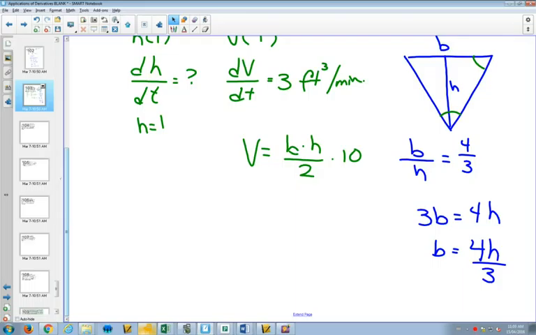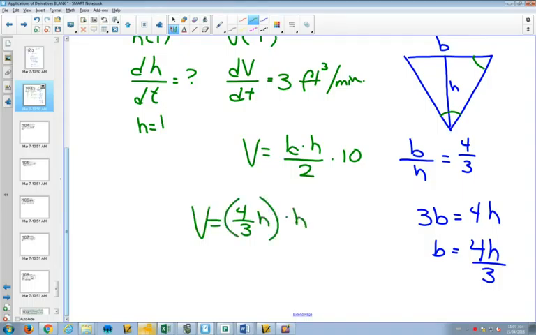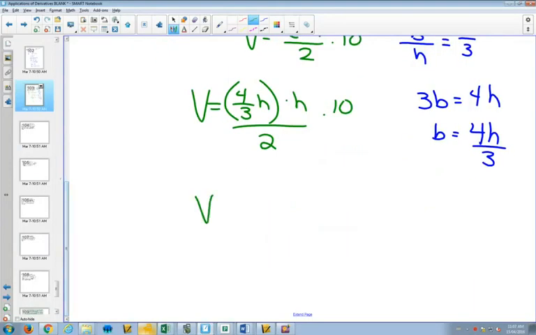So we needed to work at changing this formula so that it only has height. 10 divided by 2 is 5. Multiplying that 5 through, we're going to get 20h squared over 3 as our equation of volume in terms of h only. And now we can do implicit differentiation.